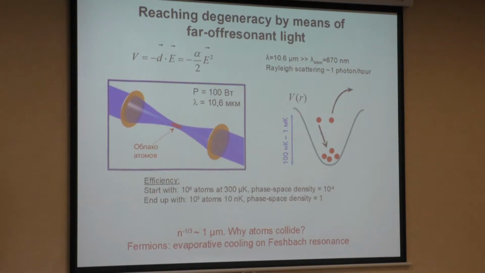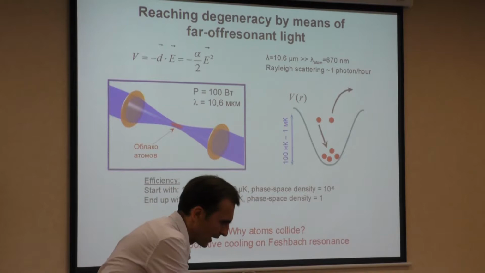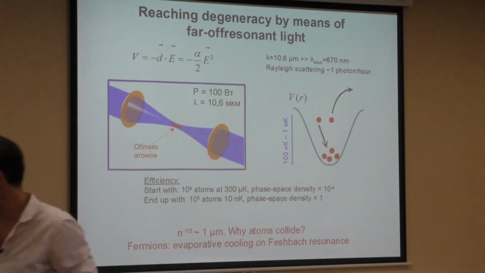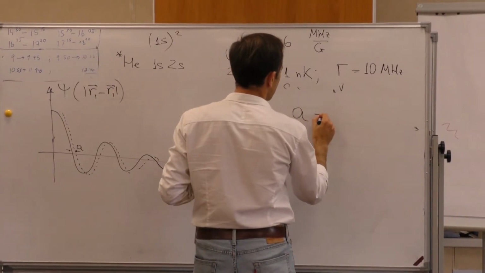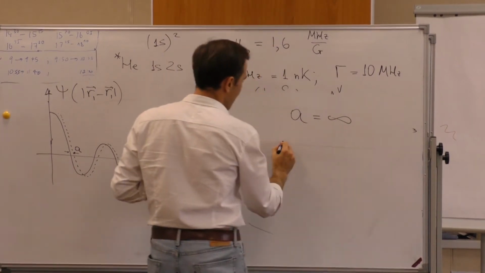and cooled by evaporation. So now I hope I persuaded you that atoms can have a large cross section. Now they can collide, and the most effective cooling was on the Feshbach resonance, which means the scattering length equals infinity.